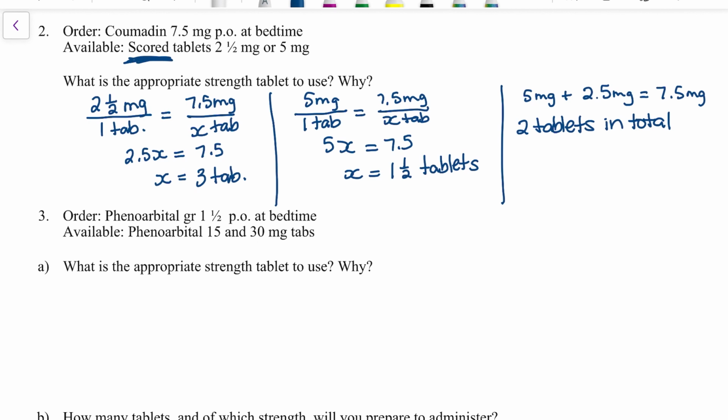So that would probably be our best option, was to give one of each. So 1 5 milligram tablet and 1 2.5 milligram tablet. Again, that gives me 2 whole tablets, exactly what the doctor ordered, and I'm not having to split any. So that would be the best option.